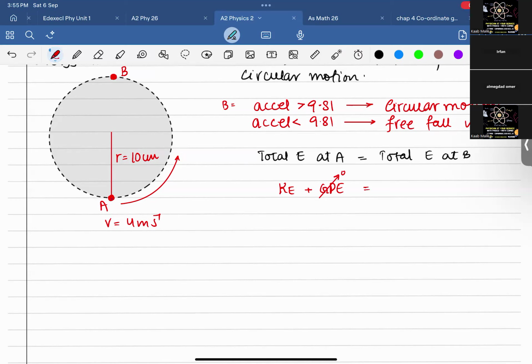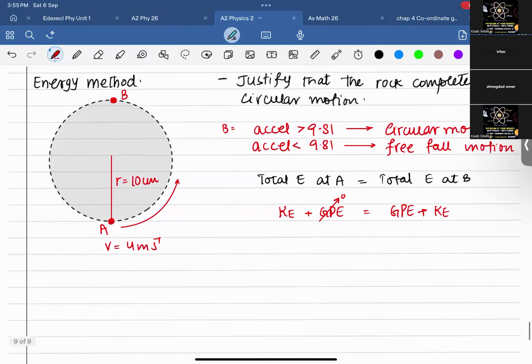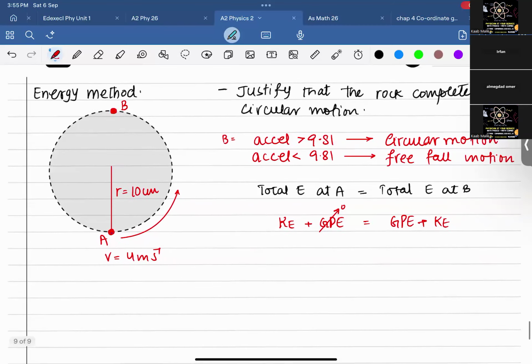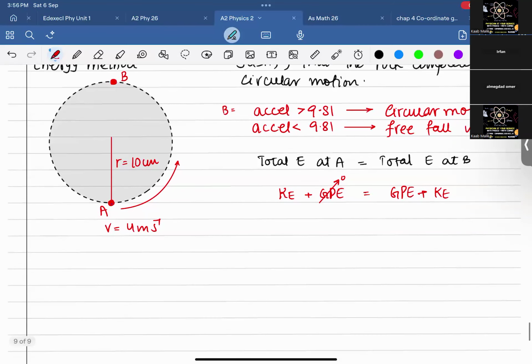And the total energy at B will be in the form of kinetic and potential, so GPE plus KE, right? It could be possible that kinetic energy at max height would be 0, but if the kinetic energy went to 0, then it is not possible to complete the circular motion through point B. So let's solve.